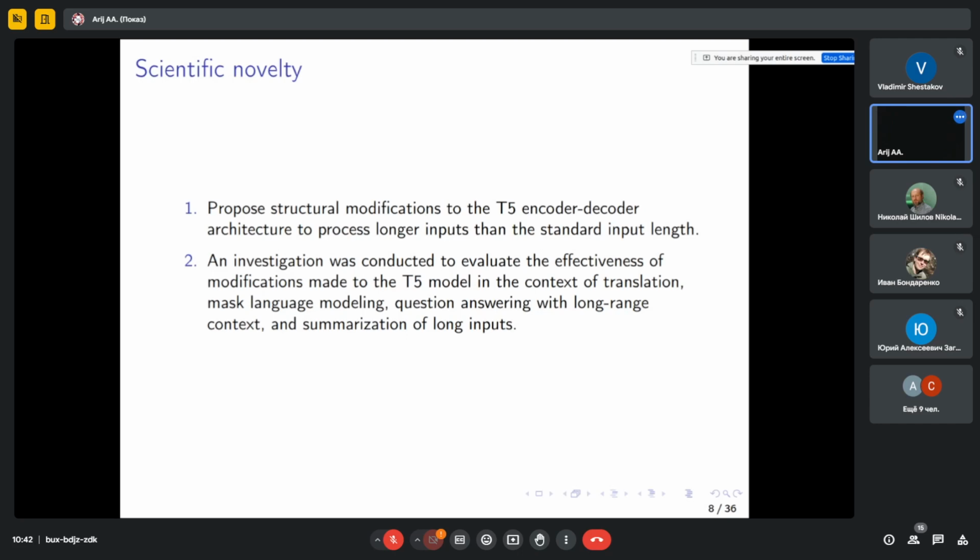Second, an extensive investigation was conducted to evaluate the efficiency of the modifications using different NLP tasks such as translation, masked language modeling, question answering, and summarization tasks.